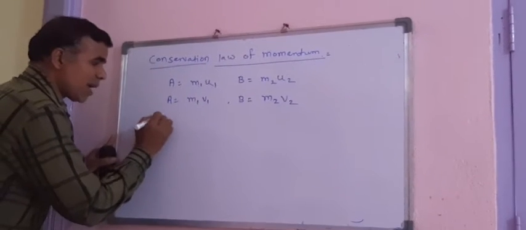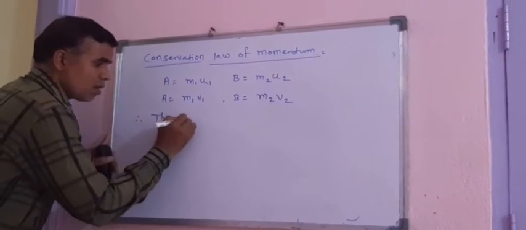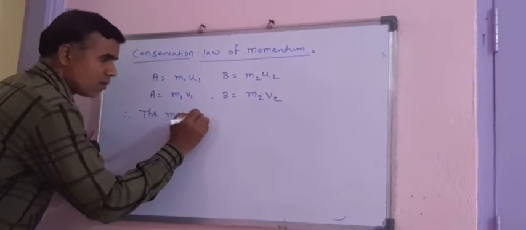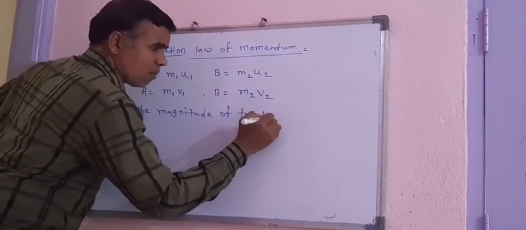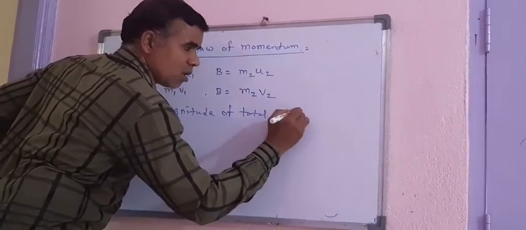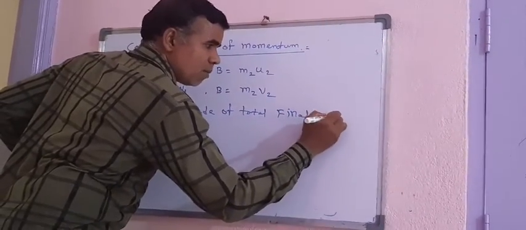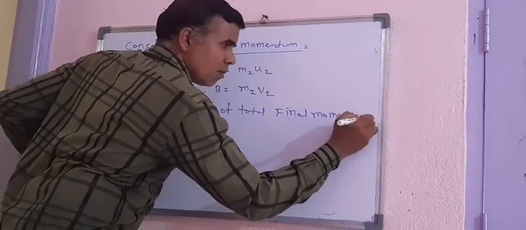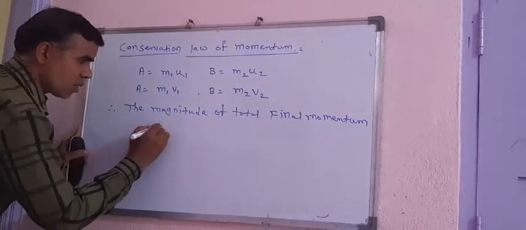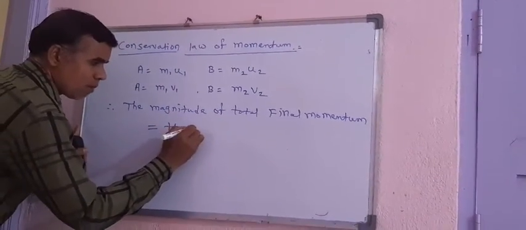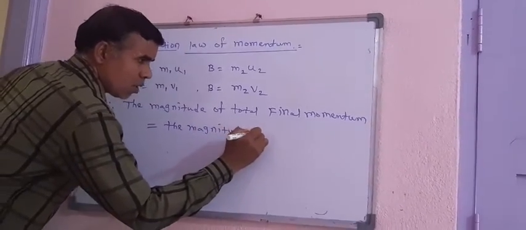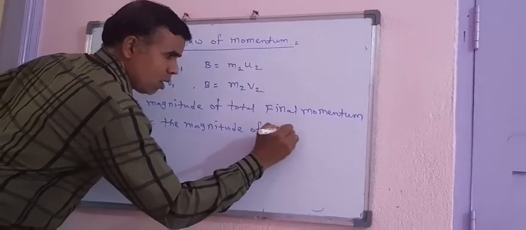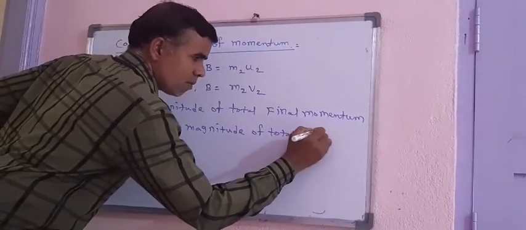The magnitude of total final momentum is equal to the magnitude of total initial momentum.